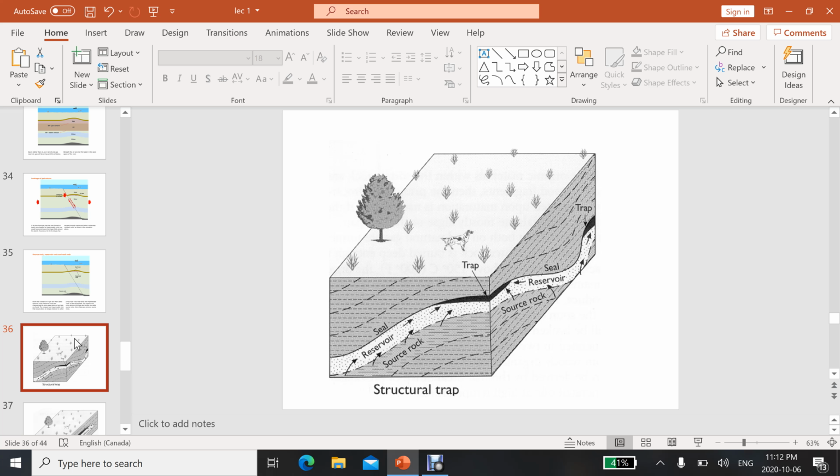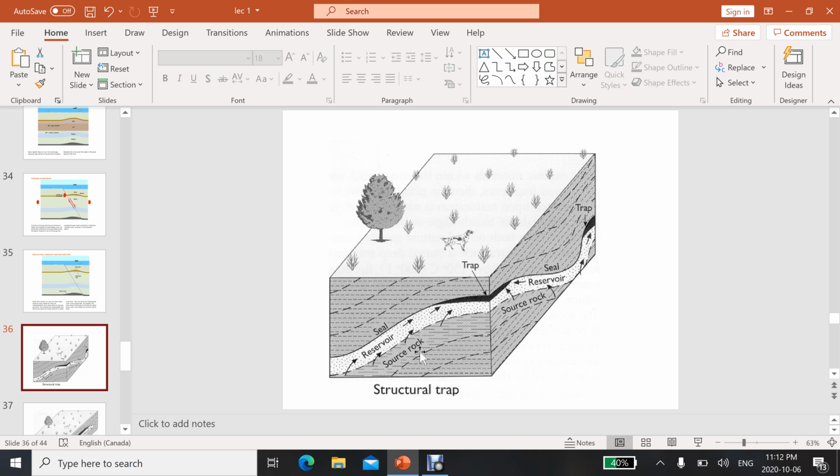In the previous diagram I was showing you the marine environment, where the traps were mostly under the sea, but here you can see traps are possible under land areas. Here the white layer represents a reservoir, and the gray layers represent the source rock and seal rock. As I mentioned in my previous lecture, these seals are shale, and their properties vary.